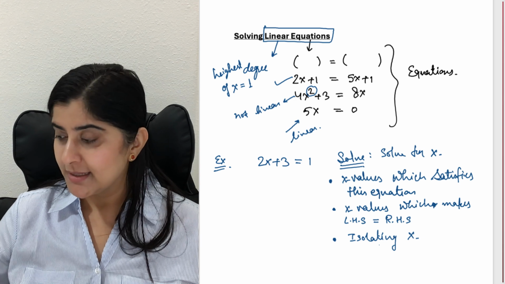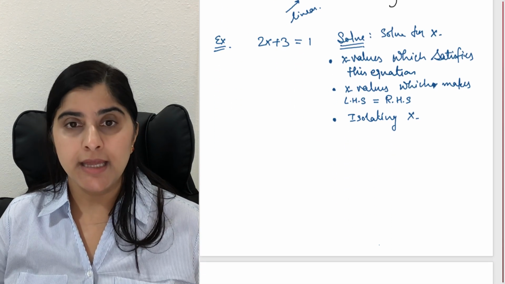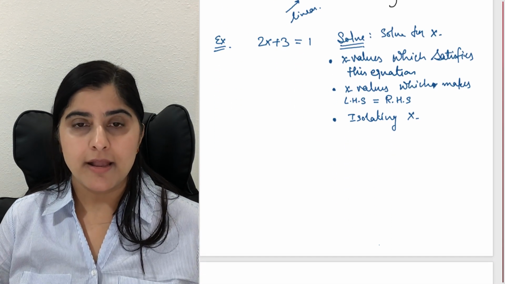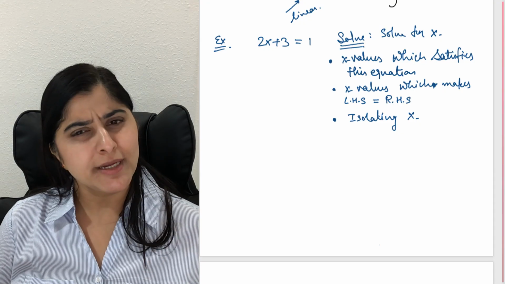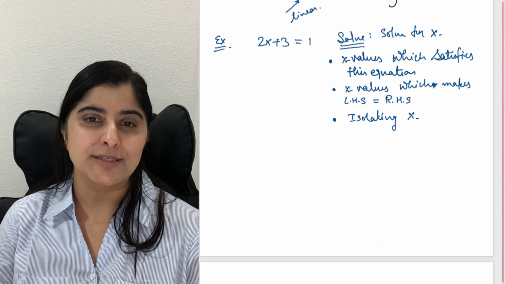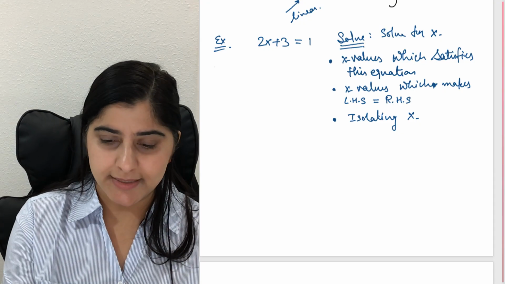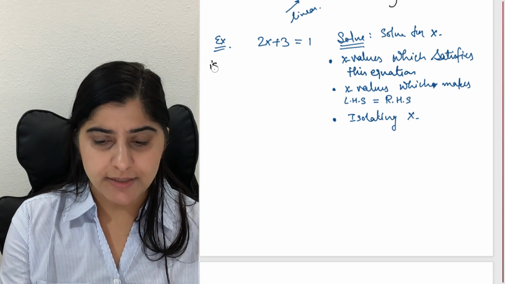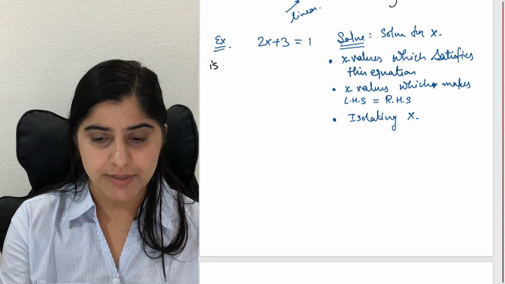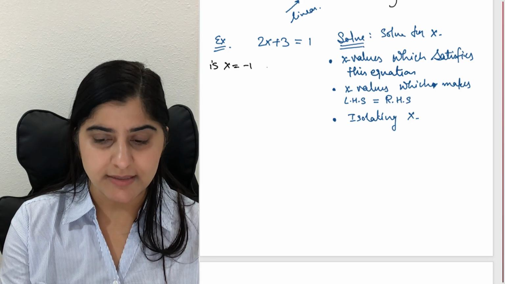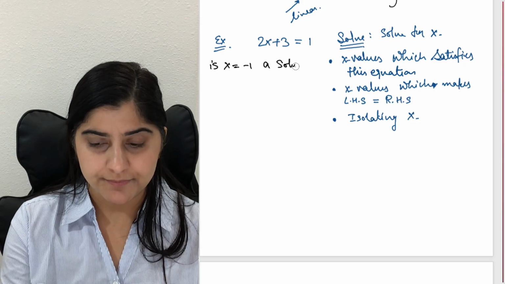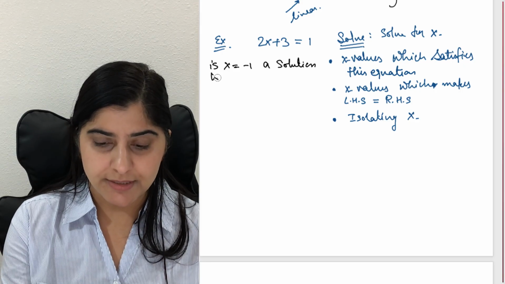So now let's first see, if you have any x value, how you can check whether it satisfies this equation or not. For this equation, let me ask you a question. Is x equal to minus 1 a solution to this equation?